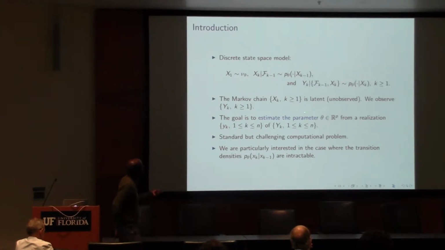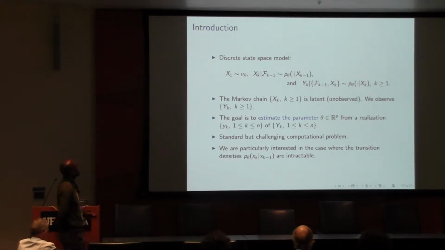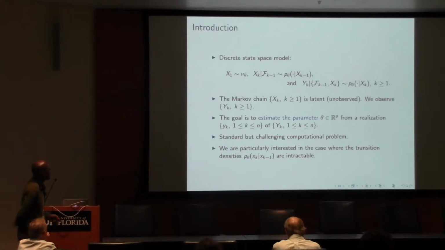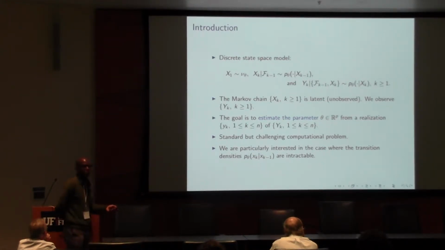The goal is that we have a copy of the observations, and we would like to use it to estimate the parameter theta, which is a p-dimensional parameter. I'm particularly interested in the case where the signal transition density is intractable.